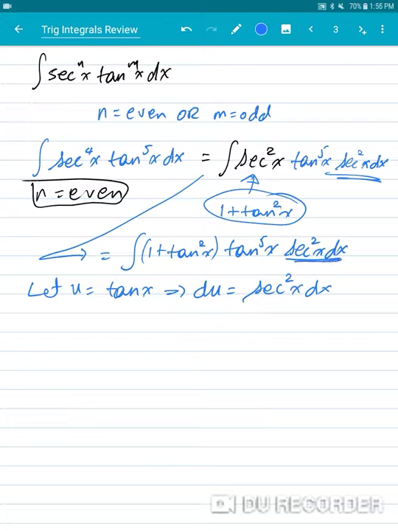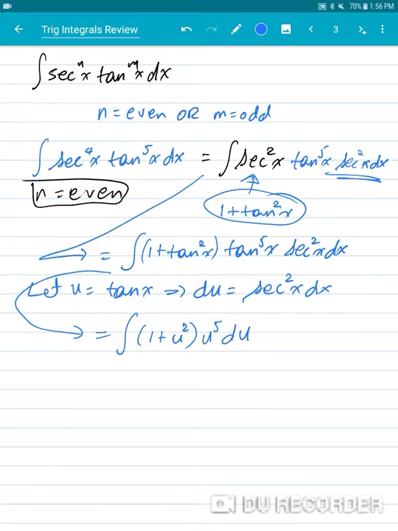So this becomes du. So that's 1 plus u squared times u to the power of 5 du. This is a nice polynomial. You can distribute the u to the fifth and then integrate and then replace.